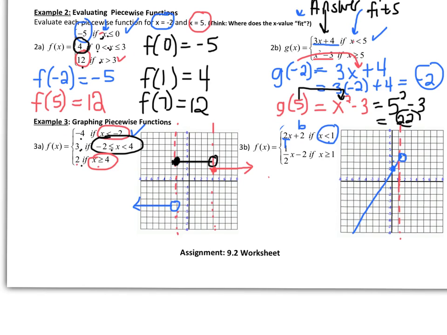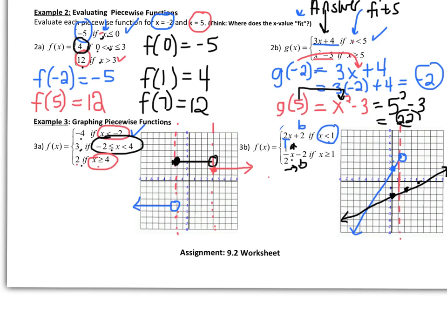Now let's graph the other part. We need to start at that y-intercept, which is -2. We need to go up 1 over 2, the rise over the run. So up 1 over 2, up 1 over 2. There's that line. And now we need to figure out which part we erase.